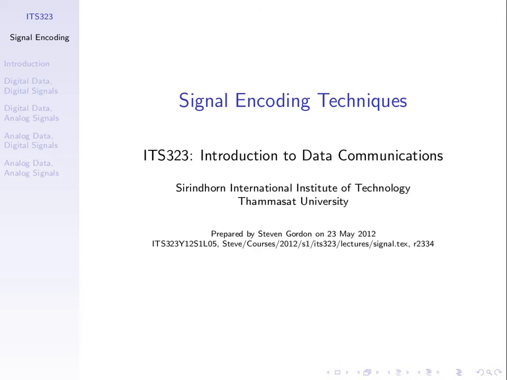A very simplistic technique where, if we have an analog signal that we're transmitting through our communication system and we have digital data to send, zeros and ones, this technique says whenever we have a 1, transmit a high portion of our signal. Whenever we have a 0, transmit a low portion of the signal. We've used that one before.